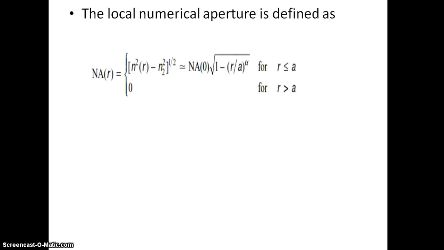Okay, so this is about the graded index fiber, and the numerical aperture for a graded index fiber at any radius r between 0 and a is given by NA(r) equal to NA(0) times the square root of 1 minus (r/a) to the power alpha. Alpha, as I said, is a dimensionless quantity, the index profile parameter.